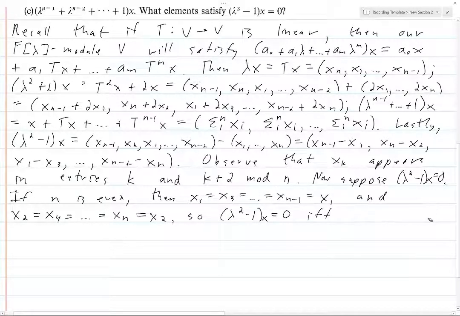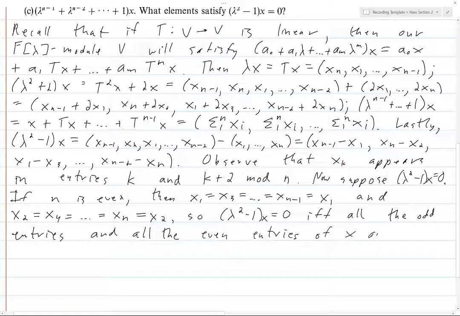If and only if all the odd entries and all the even entries of x are equal.